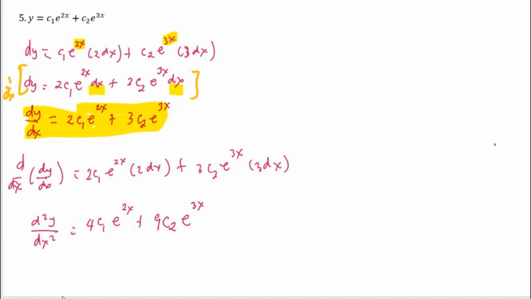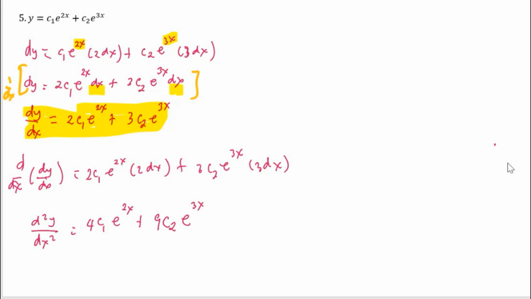So we have now the first derivative and the second derivative. But as of this moment, we were not yet able to eliminate c sub 1 and c sub 2. Now, we are going to let c sub 1 of e raised to 2x be a single variable, as well as c sub 2 of e raised to 3x, in order for us to solve easily.